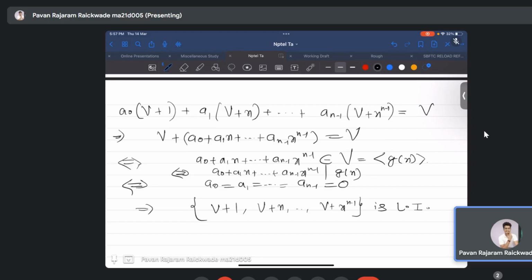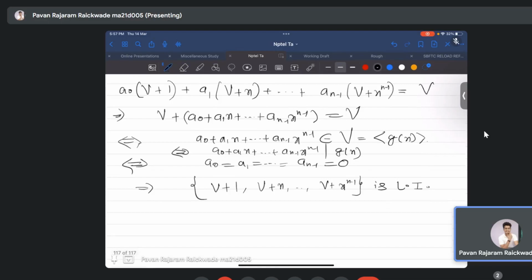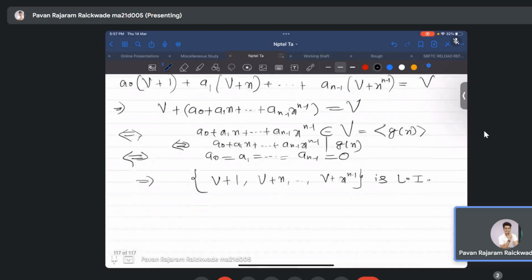Now we have to show that this set also spans the whole vector space. What do we mean by that? Every element can be written in this form. So how can we write this? You take any polynomial f(x) belonging to F[x].